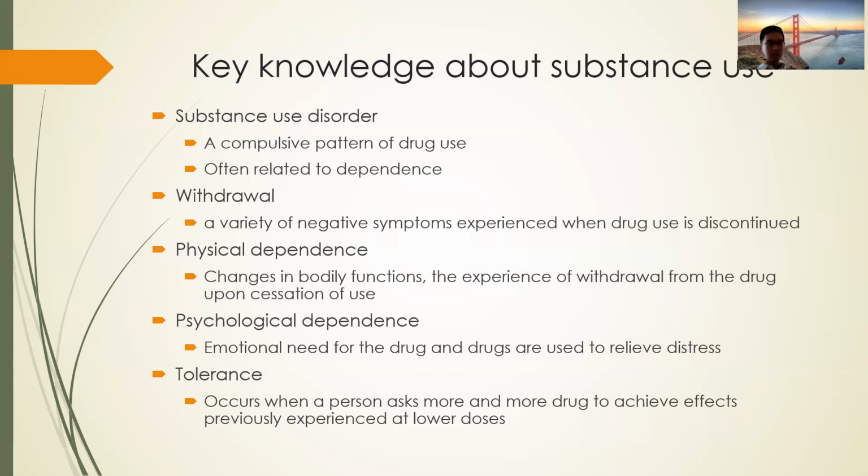Before, they just needed lower doses to get some kind of effect, but later they need more doses to achieve the same level of effects. That is called tolerance. So that's why people who are addicted to some kind of drug need to take more and more.